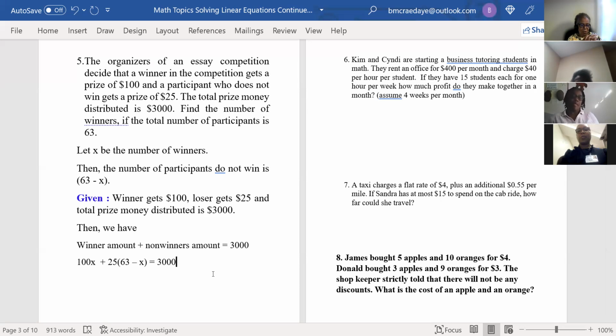So what do we have to do here? Parentheses first. Okay, so let me just copy this equation.